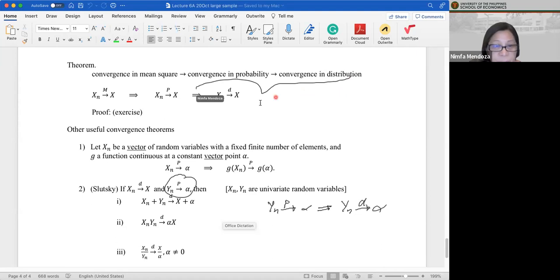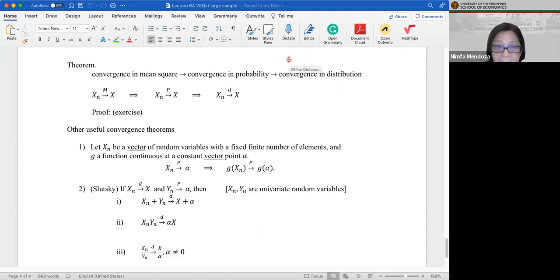Note that the results that follow are in terms of convergence in distribution, which is the weakest form of convergence. So x sub n plus y sub n converges in distribution to x plus alpha, the product here, and we have it here.